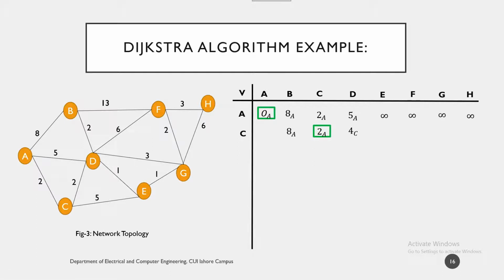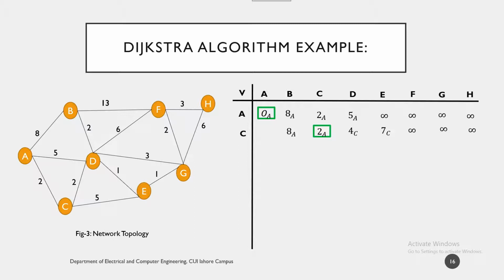The subscript C is used to show that now this distance comes from the node C. This is smaller than the previous value, that is 5A, so we replace it with the new value 4C. C is directly connected with E with a distance of 5, so it makes 5 plus 2, 7C. F, G and H are not directly connected, so they will remain the same as infinity or unknown.